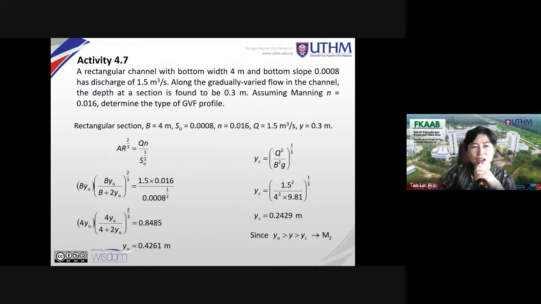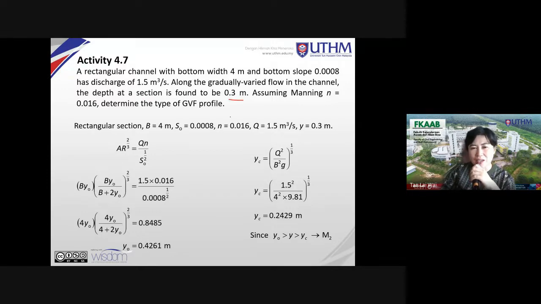Now let's look at activity 4.7. We have a rectangular channel with bottom width 4 meter, bottom slope 8 times 10 to the power of minus 4. Discharge Q is 1.5 Q max. Now, along a gradually varied flow in the channel, the depth at a section is found to be 0.3 meter.